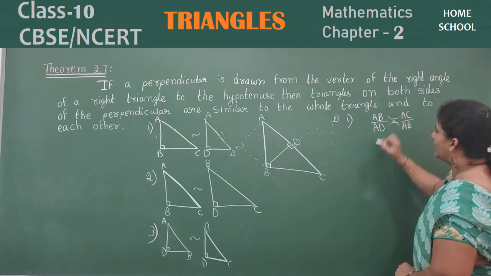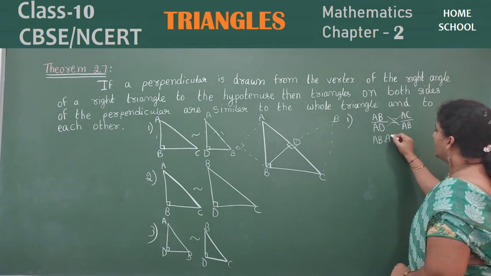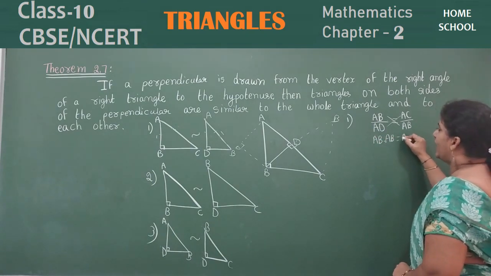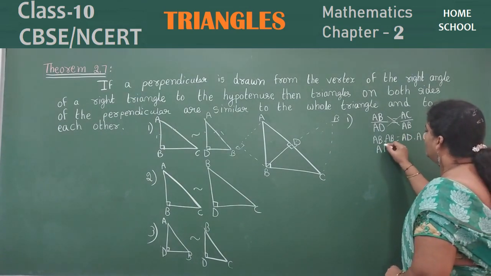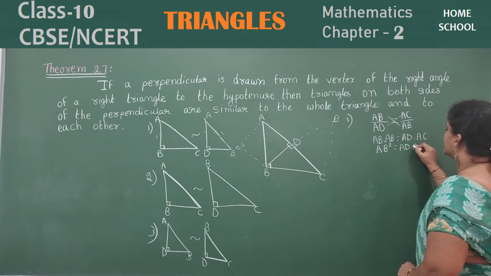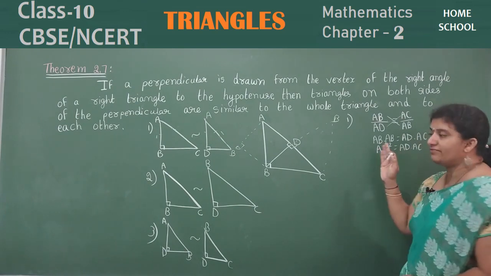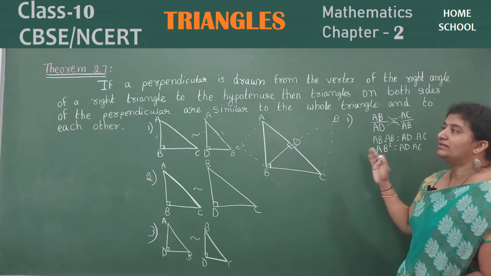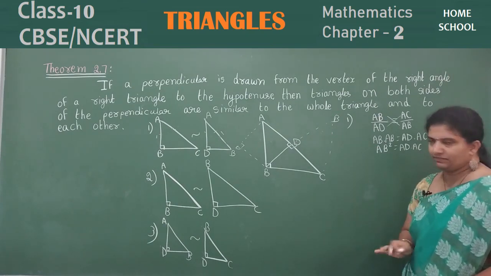So now cross multiply: AB into AB is equal to AD into AC. That will be AB square is equal to AD into AC, which is your equation. Okay, remember this. If any theorem asks to prove this, just go for this theorem.